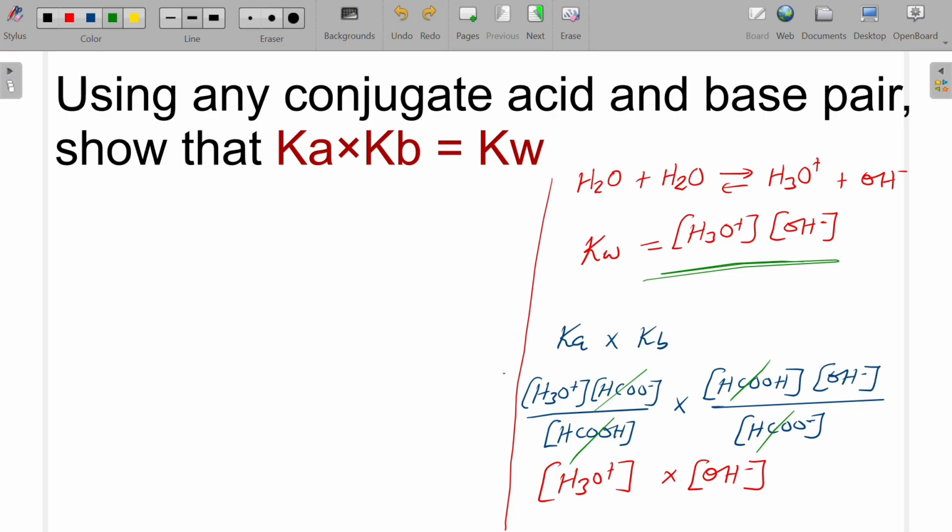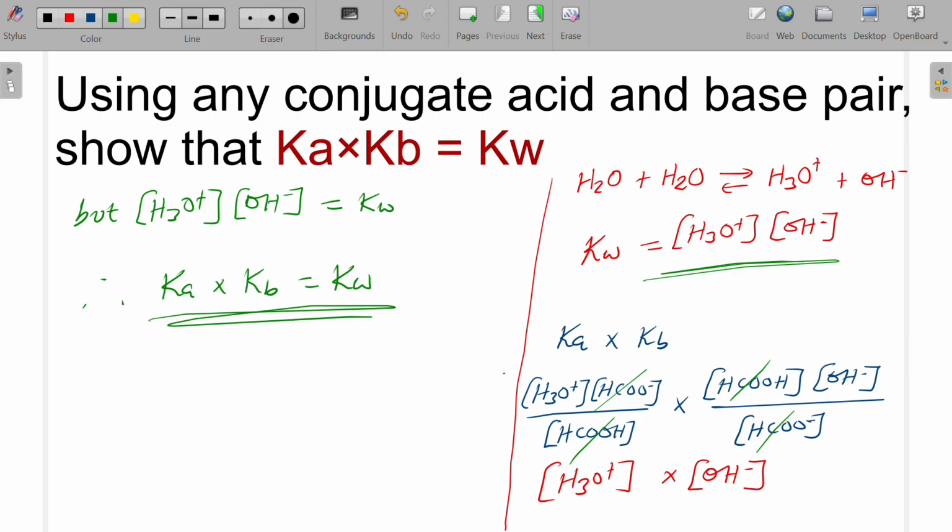So what this means is that the concentration of the hydronium ions multiplied by the concentration of the hydroxide ions is equal to Kw. Therefore, Ka multiplied by Kb is equal to Kw, like that. Hence, it has been proven.